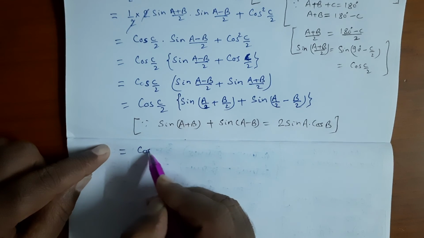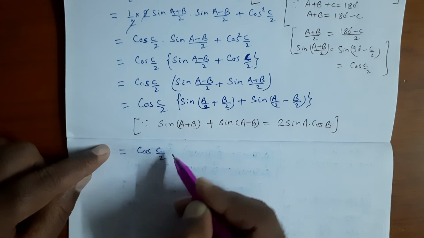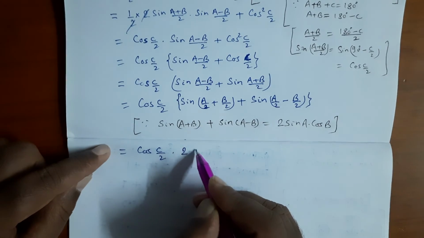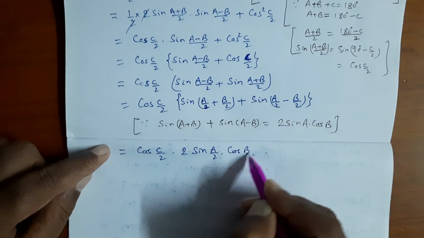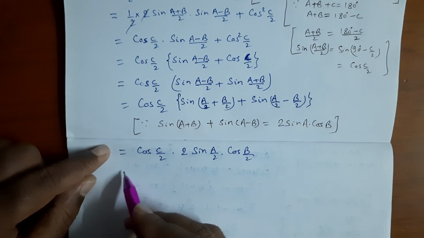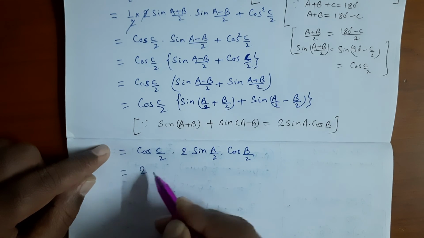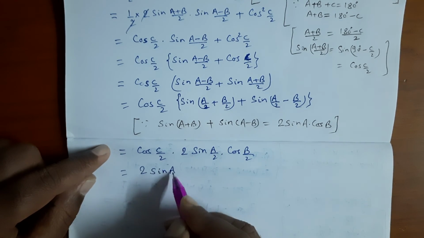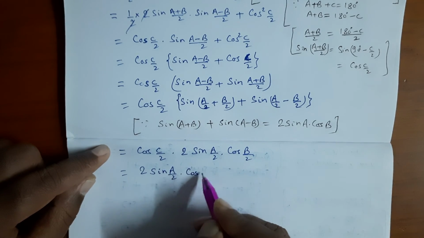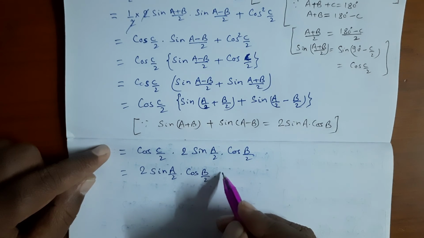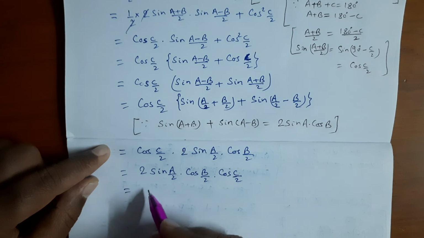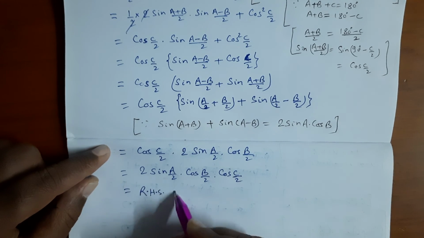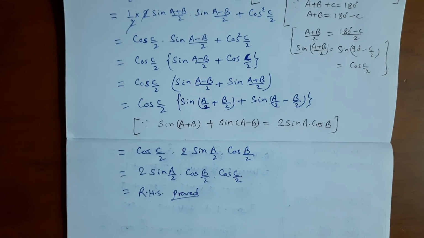This equals cos c/2 times 2 sine a/2 times cos b/2, and now 2 sine a/2 cos b/2 cos c/2 equals RHS. Proved.